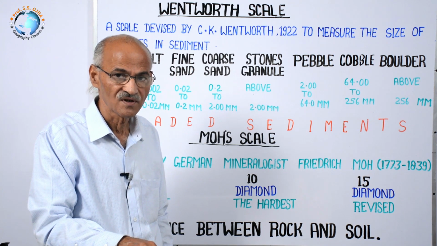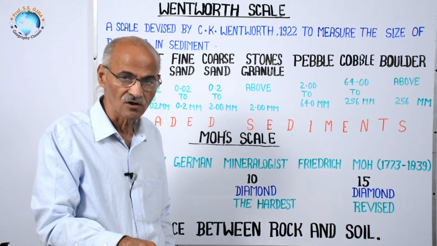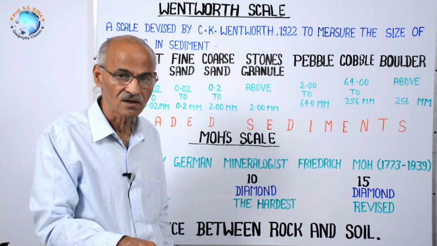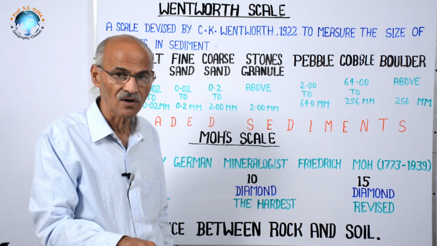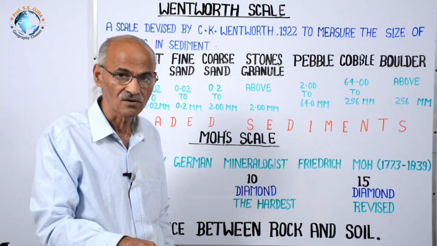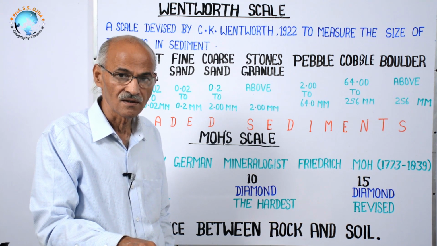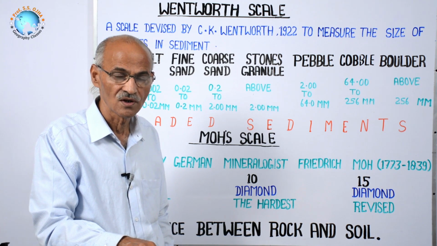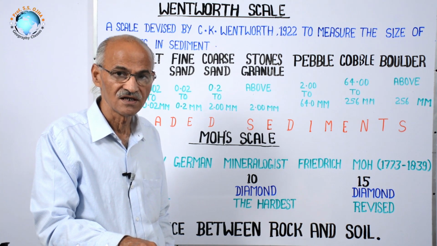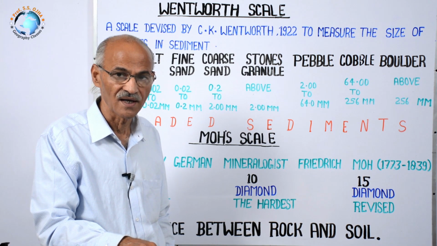For example, sandstone, granite, etc. While soil is certainly loose material, but if a geologist prepares a geological map of the world or India, there in the Gangetic plain, the geologist will show that there is sedimentary rock in the Gangetic plain.